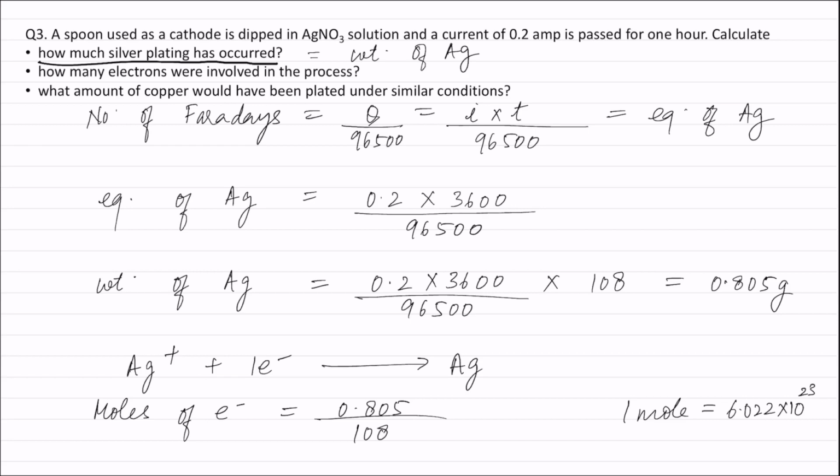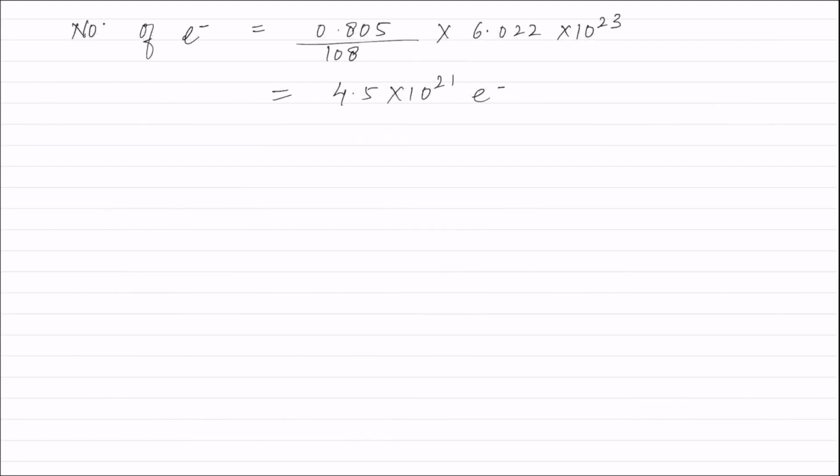Now the third part of the question, what amount of copper would have been plated under similar conditions? Now equivalence of copper will also be equal to number of Faradays of electricity passed.